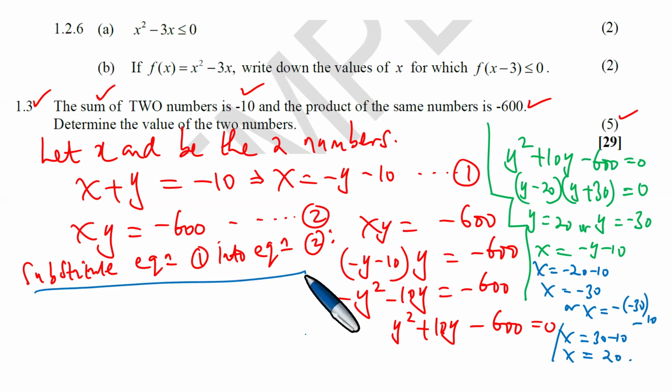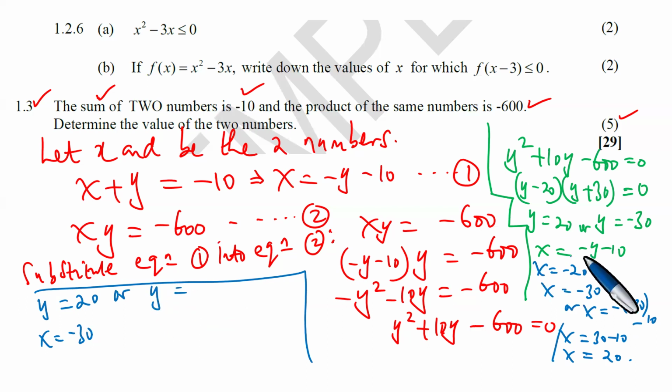Okay, we are able to see that we have the following answers here. Wherever we have y equals 20, x is minus 30.